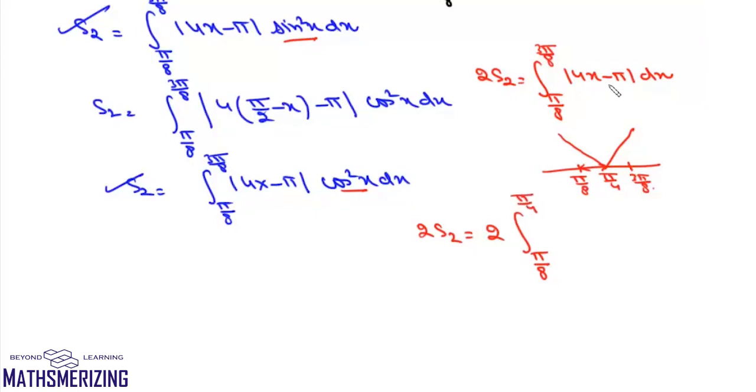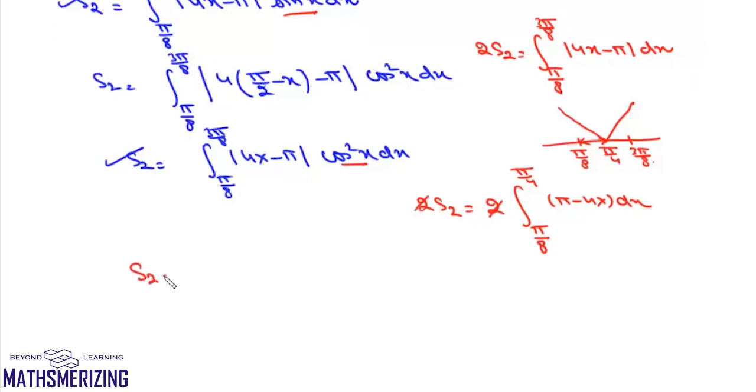Now in this interval, this value will be negative, so it will be pi minus 4x dx. Now this 2 and 2 will cancel. So we can write this S2 as pi minus 4x whole square upon 2 and then minus 4, so it will be this minus 8, from pi by 8 to pi by 4.